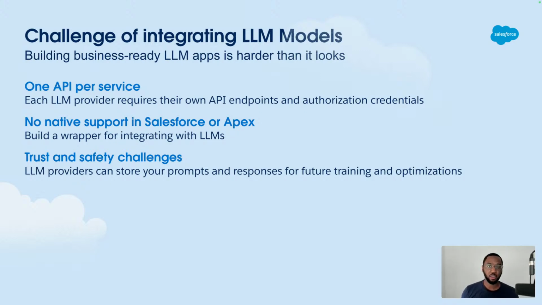Now, to date, Salesforce does have some tools that help you. There's Einstein Copilot and there's Prompt Builder. But those two tools have very specific uses. Copilot is an AI assistant that helps you with doing things in the context of your Salesforce CRM. So if you want help figuring out what high priority cases you have, Einstein Copilot is great.